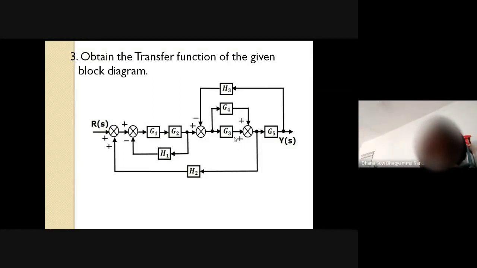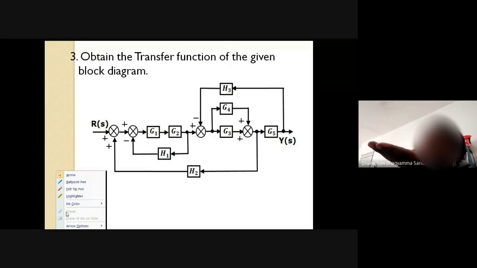And if you see, G3 and G4 are plus towards the summing point, which means G3 and G4 are in parallel. So in step number 1 itself, I can perform two operations. One is combining cascade blocks.